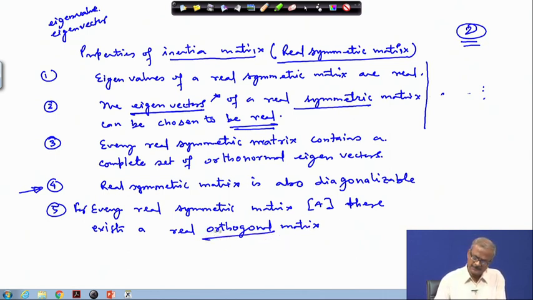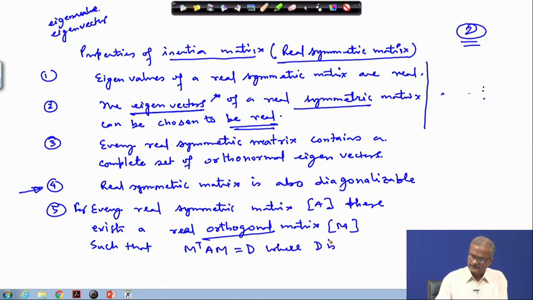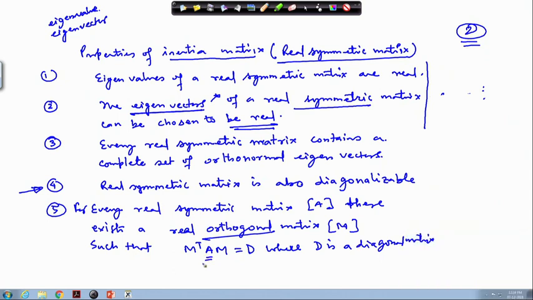So, there exists a real orthogonal matrix M such that M transpose A M equals D, where D is a diagonal matrix. It means if we operate on this A matrix, or the inertia matrix I, I can convert it to a diagonal matrix, and it is very important.